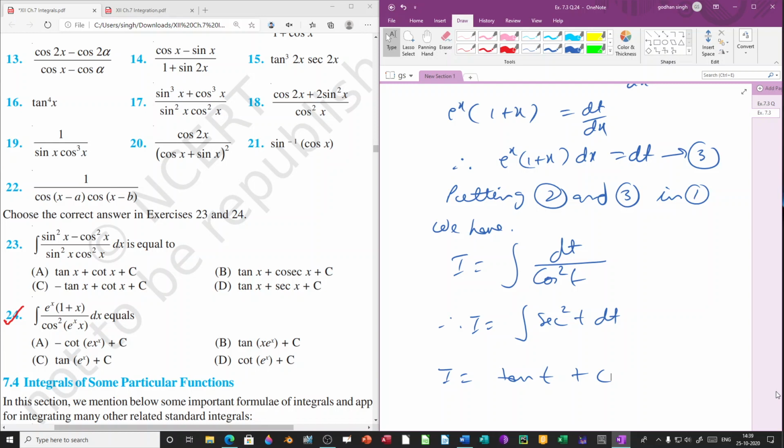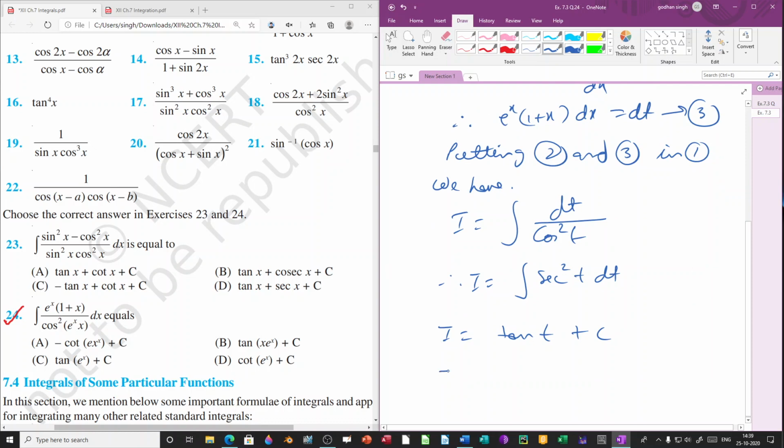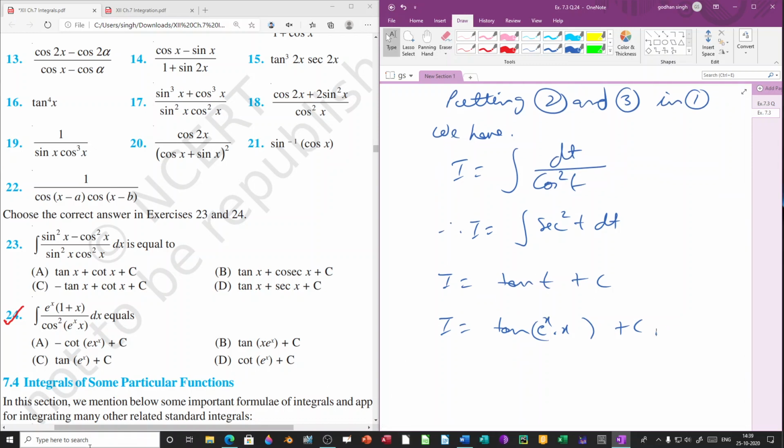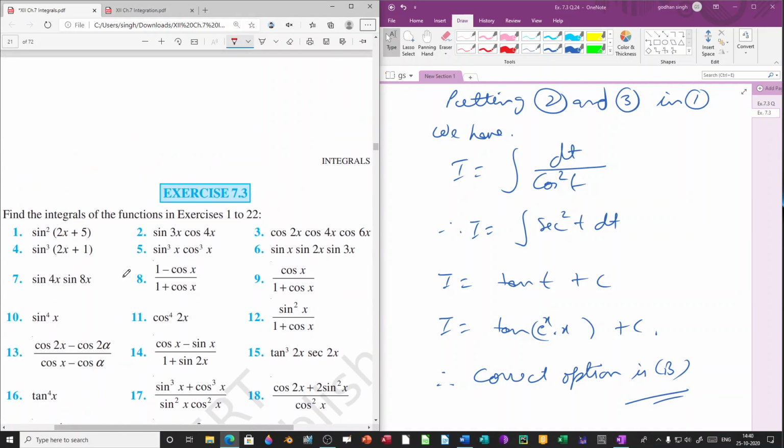So replacing t with the value of t, we will be getting I equal to tan, in place of x we will write e raised to x into x, plus c, and therefore we can say that the correct option is B. Therefore, the correct option is B. And with this, this question is complete. And also with this, exercise 7.3 is complete.